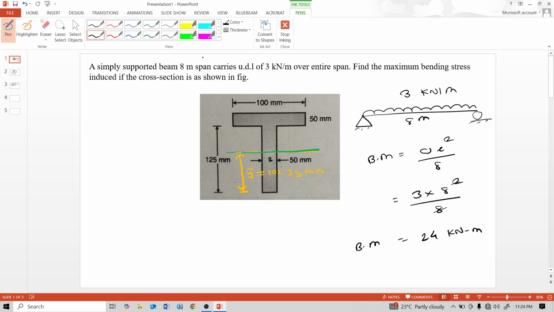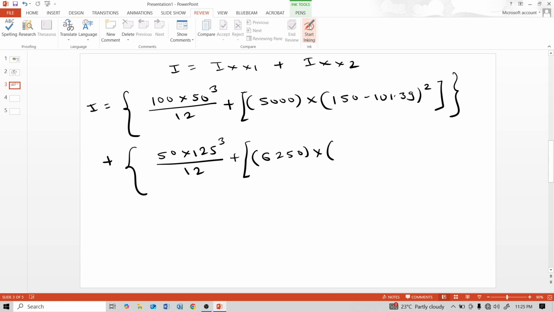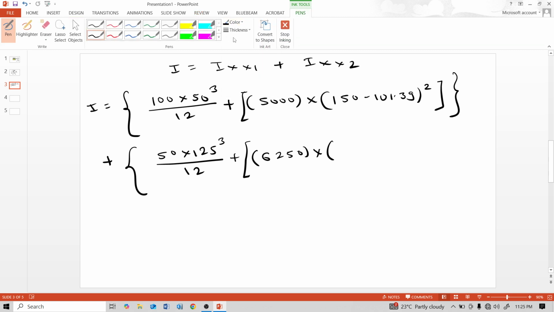The centroid of the web part, from the bottom, is at a distance of 125 by 2, that means 62.5, and the distance between the T section centroid and the web part centroid is 101.39 minus 62.5, squared.